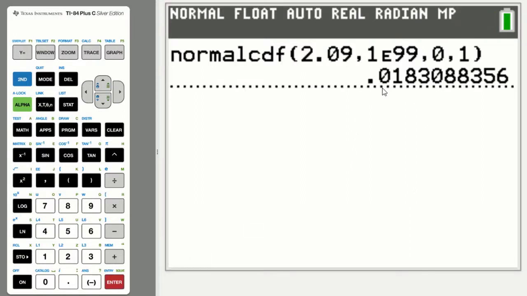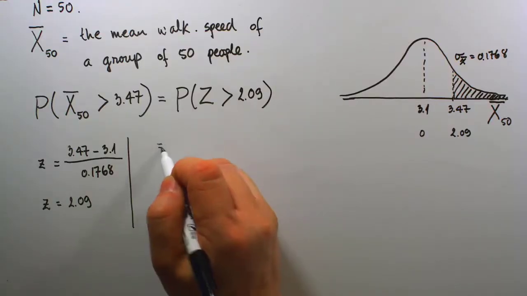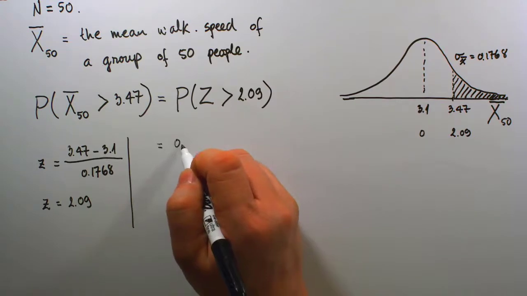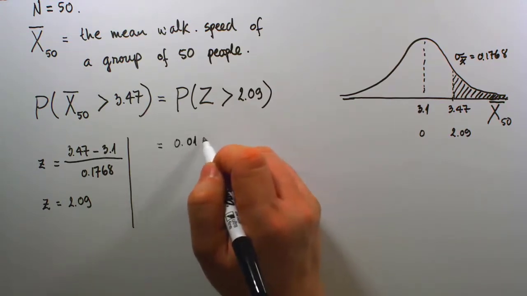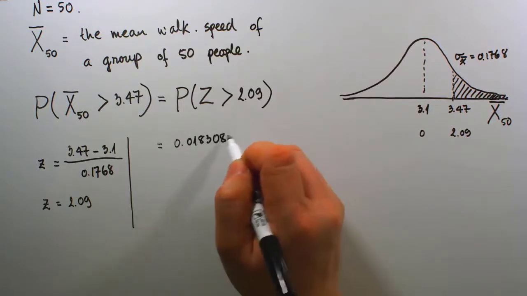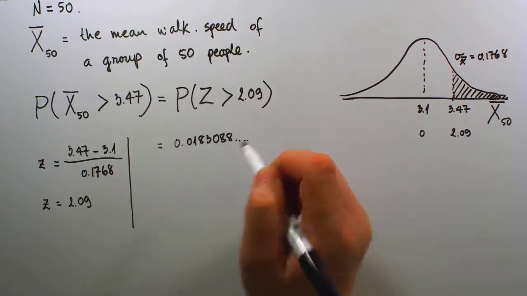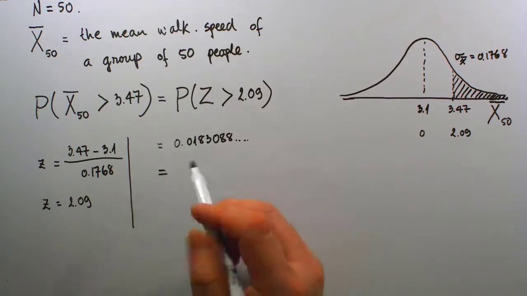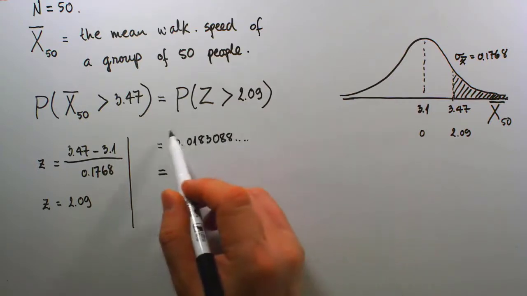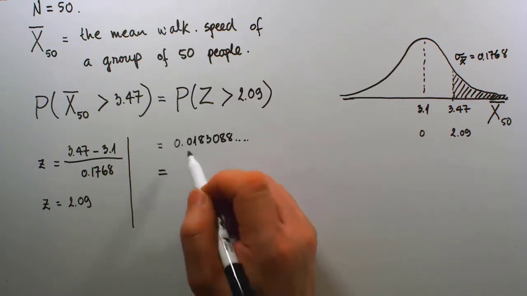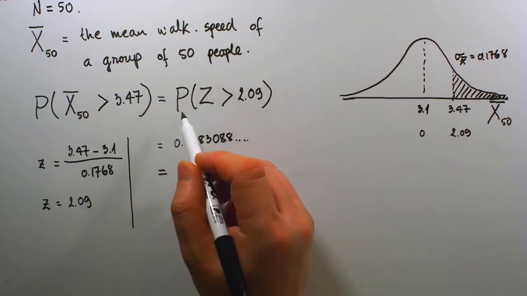So final answer now came out from the calculator to be 0.018308 and a lot longer. But as I have said many times, unless being specified otherwise, normally I would go with final answer rounded to 4 decimal places in problems like this.